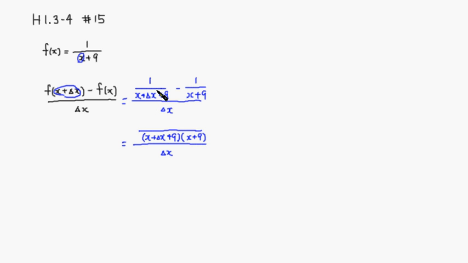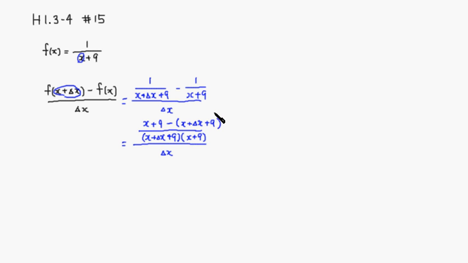For the first fraction, we multiply the denominator by quantity x plus 9, so we multiply the numerator by x plus 9. 1 times x plus 9 is x plus 9. Then you subtract. For the second fraction, we multiply the denominator by quantity x plus delta x plus 9, so we multiply the top by the same thing so that we don't change the quantity. So you have x plus delta x plus 9.